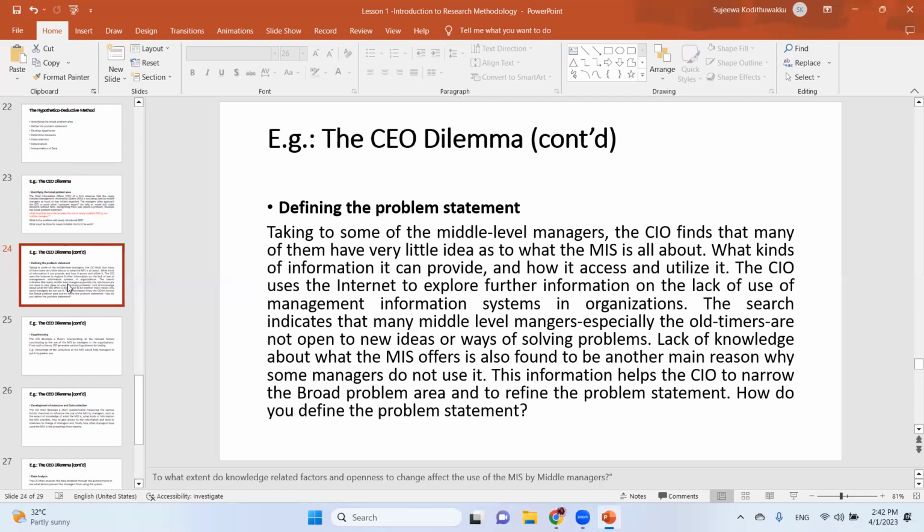Lack of knowledge about what the MIS offers is also found to be another main reason why some managers do not use it. This information helps the CIO to narrow the broad problem area and refine the problem statement. Then the problem statement needs to recognize how to define the problem statement, right?